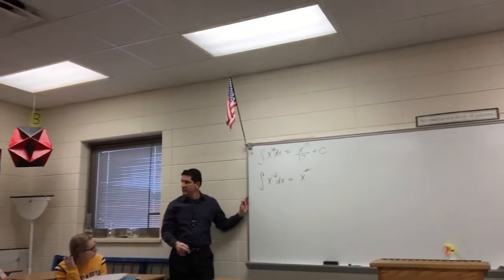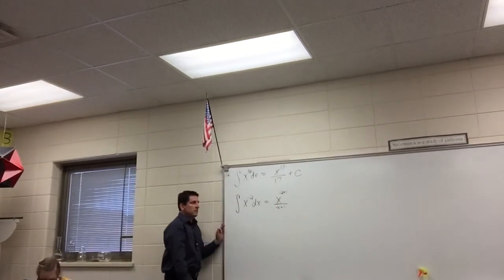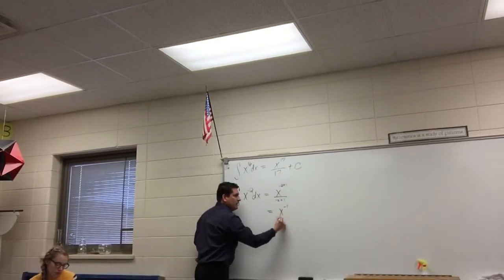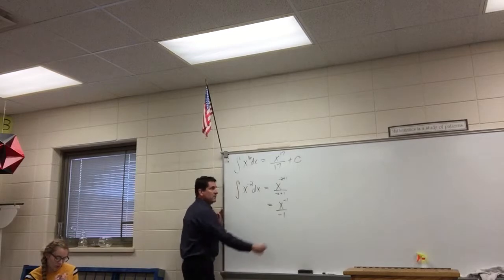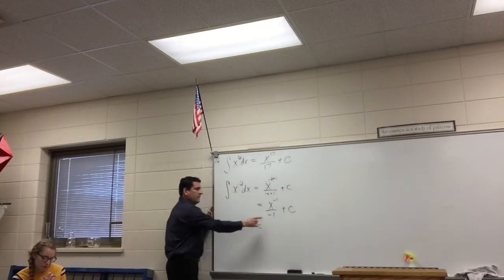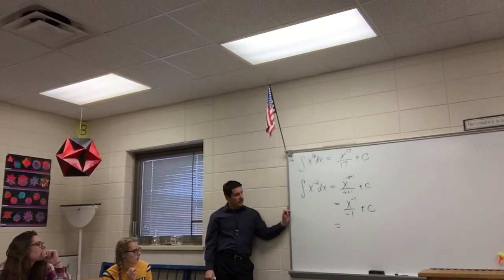She said add 1 and then divide by that. Negative 2 plus 1. Okay, I'm going to simplify this. This would be x to the negative 1 divided by negative 1, plus our constant. What is this answer in its simplest form? What's x to the negative 1 divided by negative 1 in its simplest form?